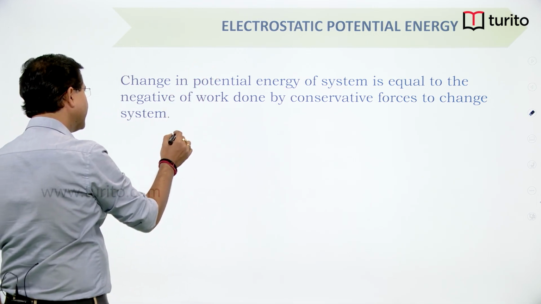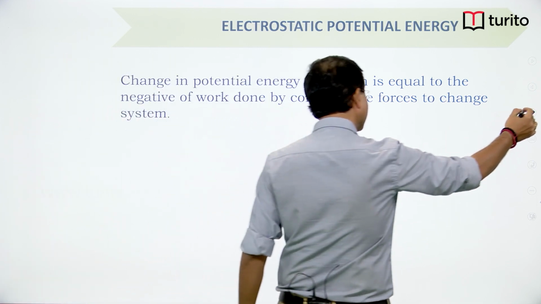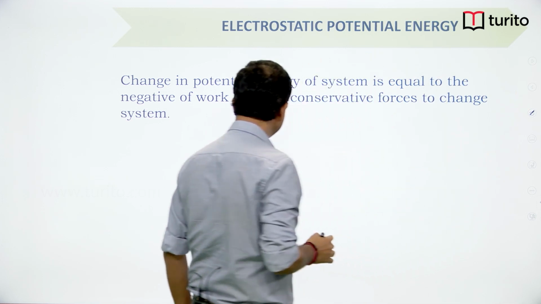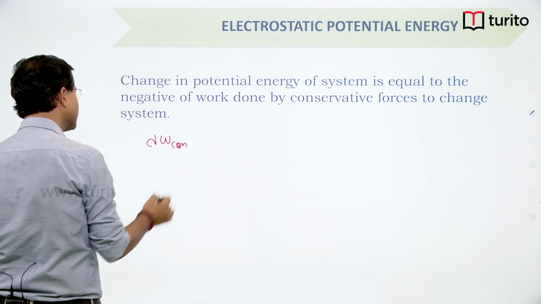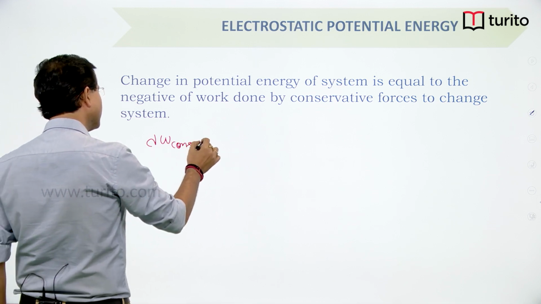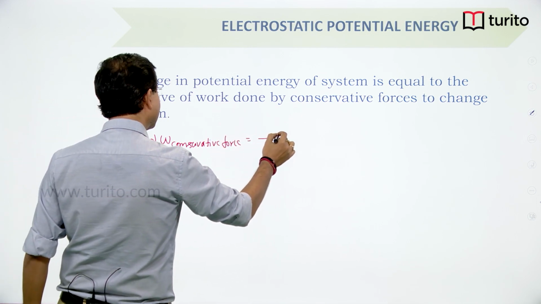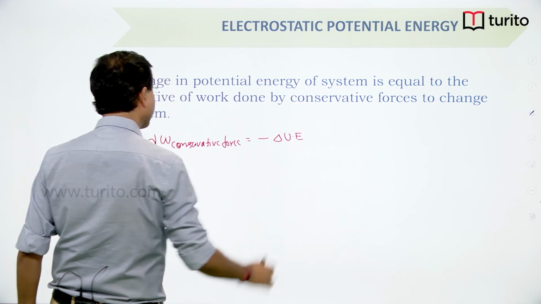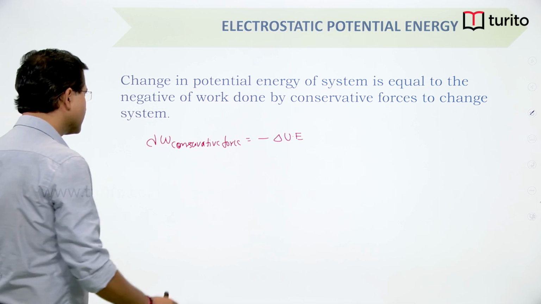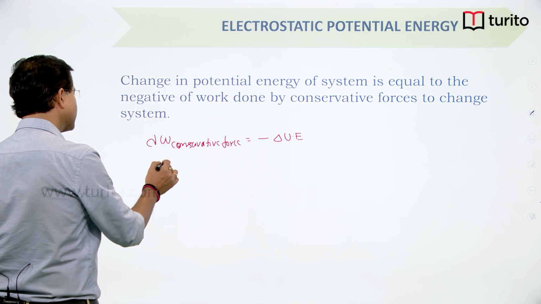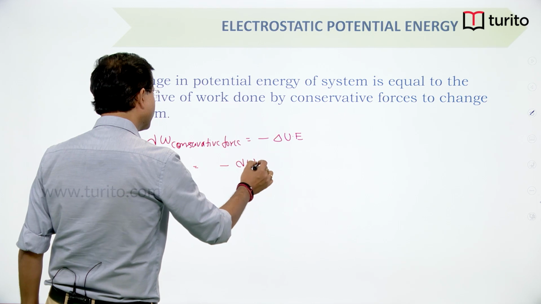So, at any moment I can write work done by conservative force is equal to negative of change in potential energy. That means change in potential energy can also be written as negative of work done by conservative force.